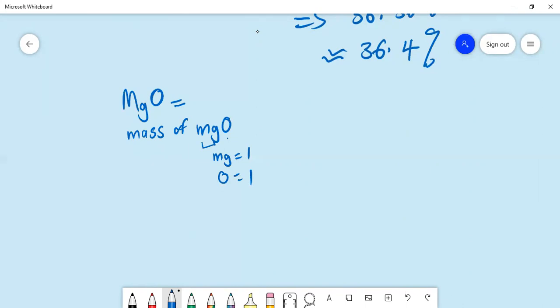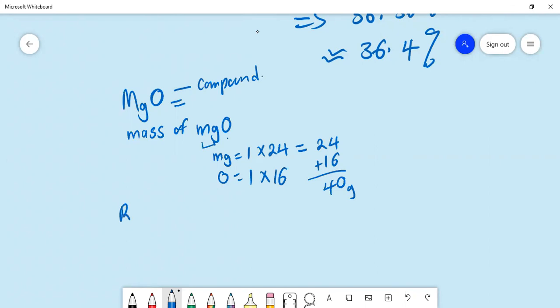The mass of magnesium from our periodic table is 24, and oxygen is 16. When I add these two, 24 plus 16 gives us 40. This is the compound, so it qualifies to say relative formula mass, RFM, which is 40, because we say they don't have units.